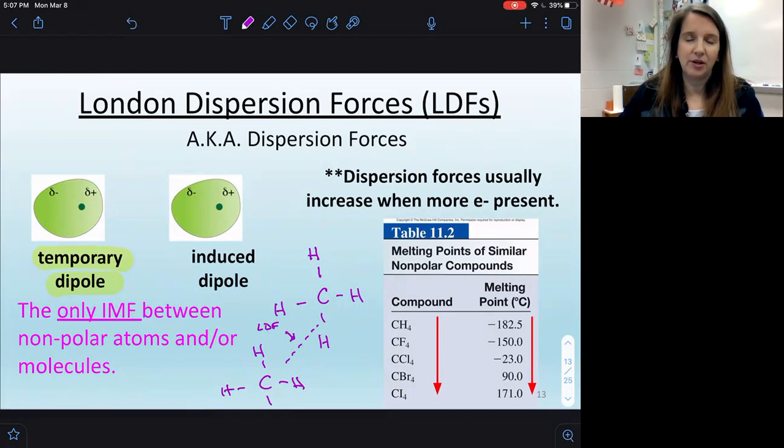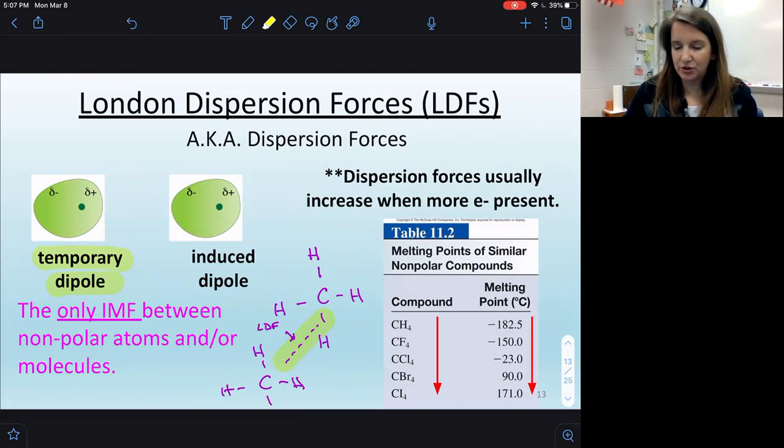Now, these are temporary because the electrons are constantly moving. As the electrons move, this London dispersion force that I just drew down here is going to be taken away. It's not always going to be there as those electrons constantly move. And those London dispersion forces can then pop up and attract to another nearby methane molecule, okay?